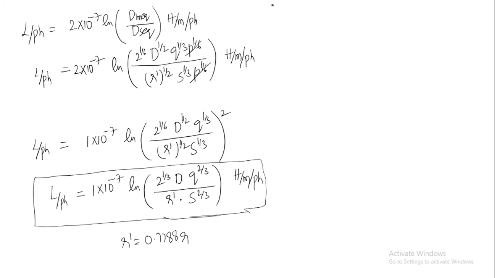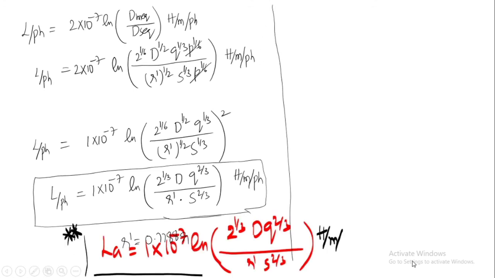Now let me copy this. Now see the expression. So this is the expression which we derived: 1 into 10 power minus 7, ln of 2 power 1 by 3, d, q power 2 by 3, r dash, s power 2 by 3.